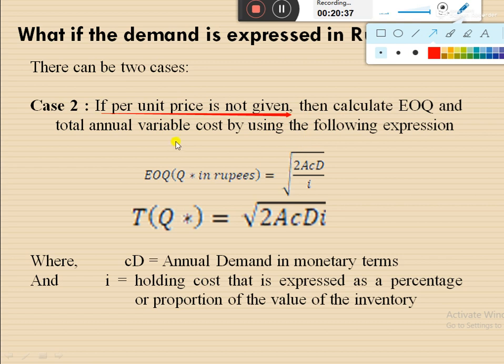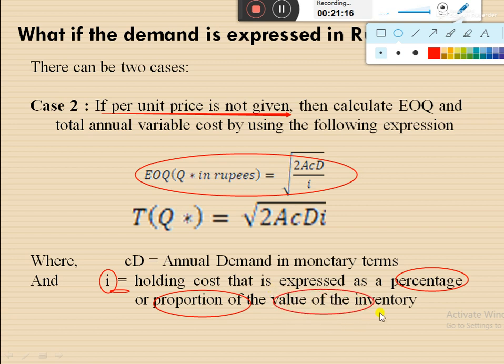In that case, we would use this formula to calculate the economic order quantity, which reads as square root of 2ACD divided by I. In this case, CD denotes the annual demand in monetary terms, and I denotes holding cost, that is expressed as a percentage or proportion of the value of the inventory.